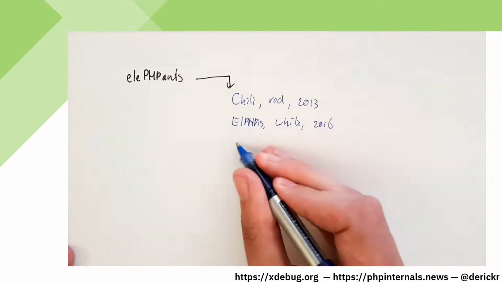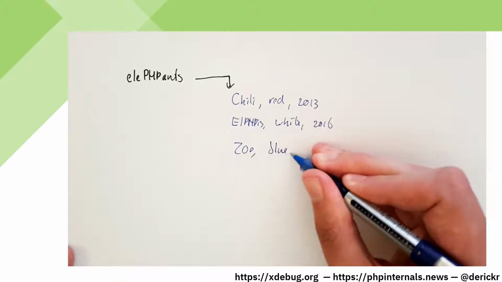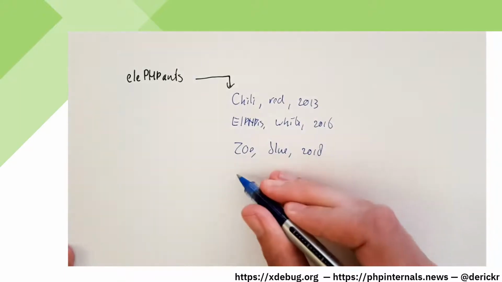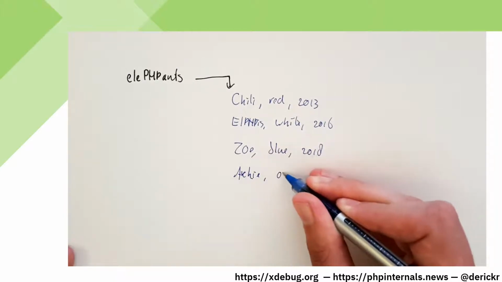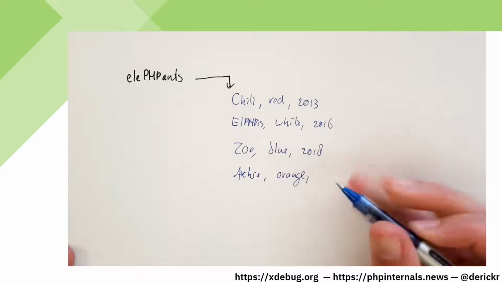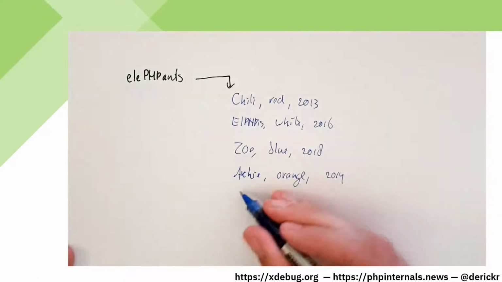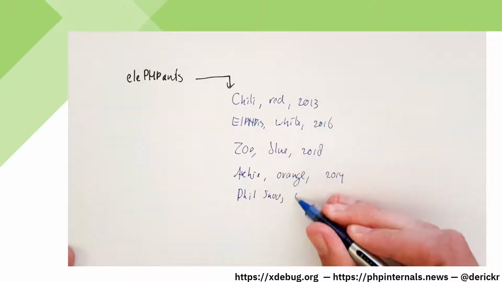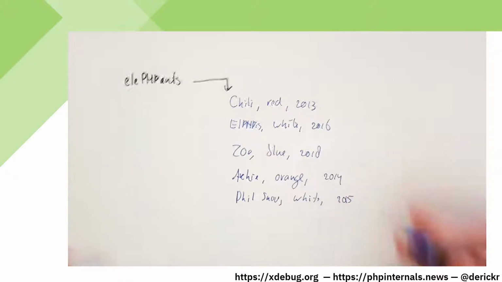We have Zoe, which is blue, from 2018. We have Archie. My handwriting is actually terrible. And we have Phil Snow, which is white, from 2015.